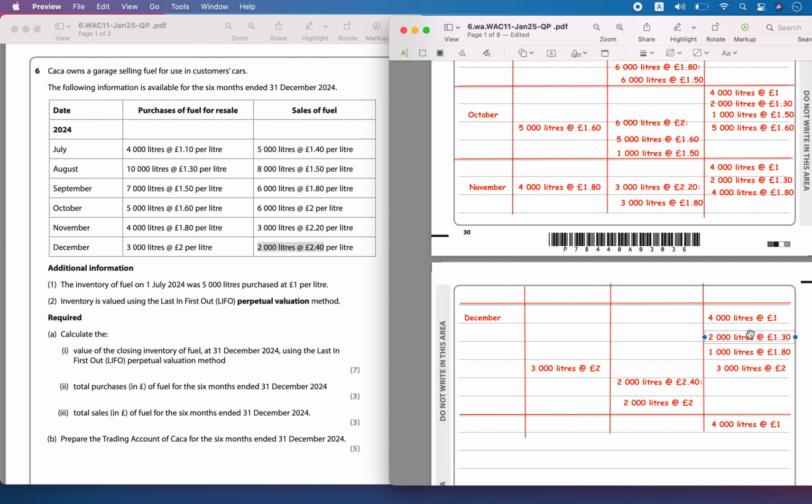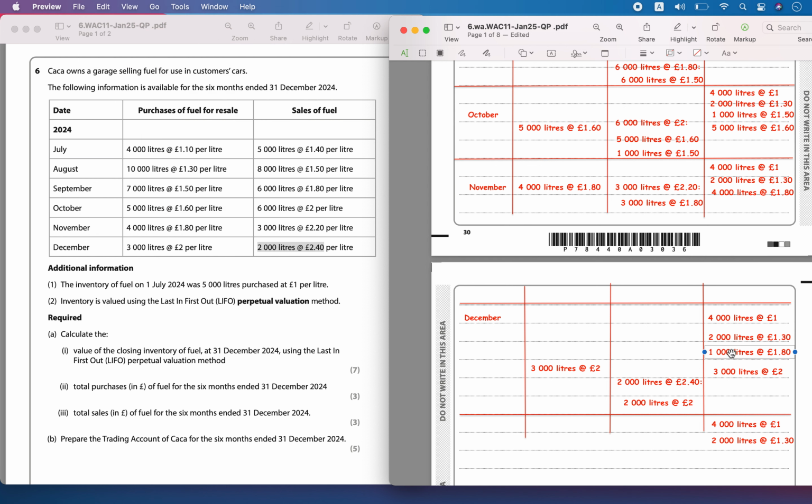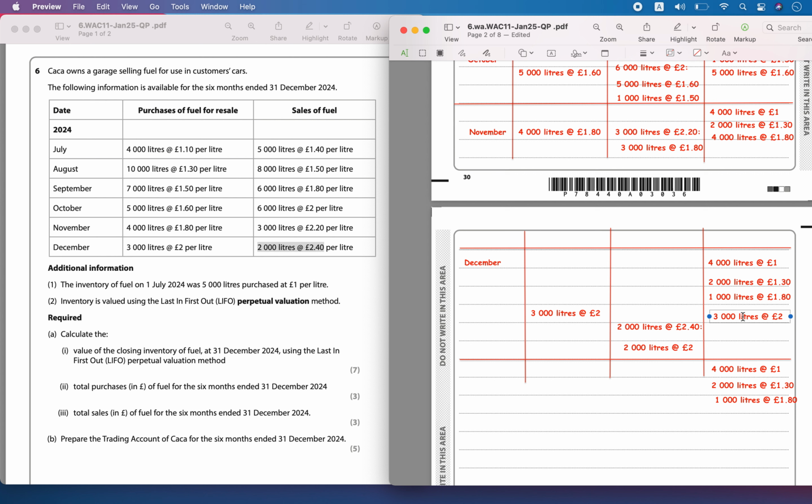We have 4,000 at 1, 2,000 liters at 1.30, 1,000 liters at 1.80, and from the 3,000 liters we have issued 2,000, so 1,000 liters at 2 remain.